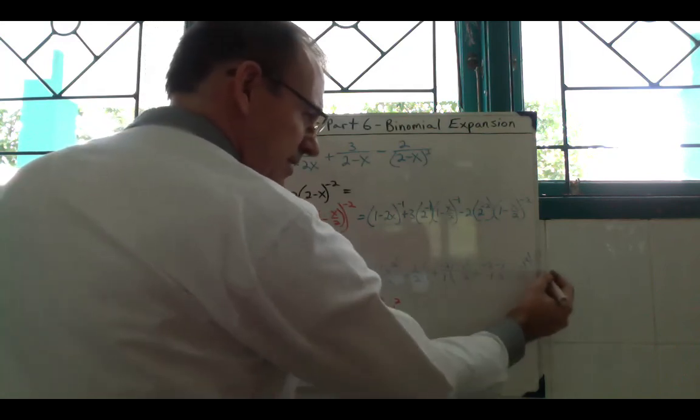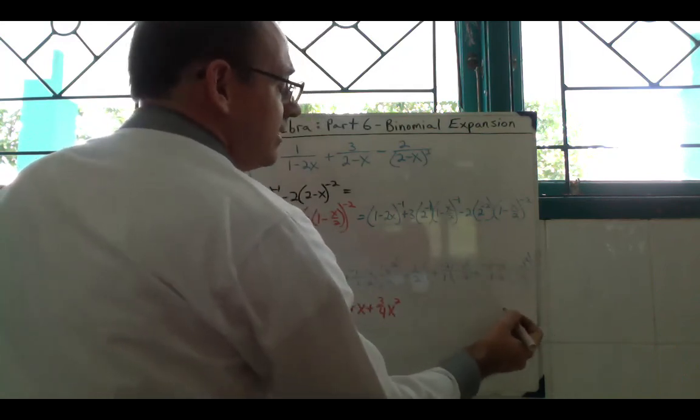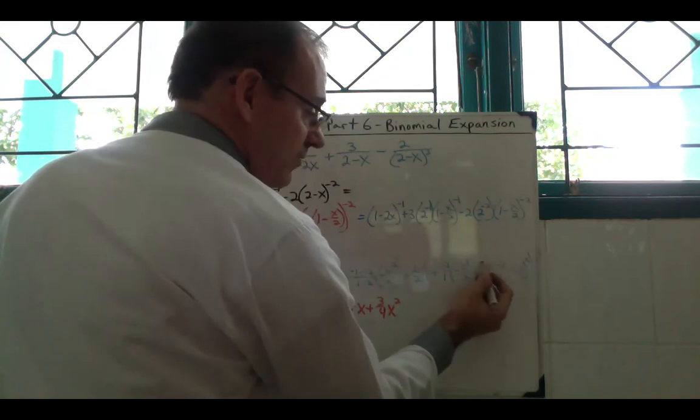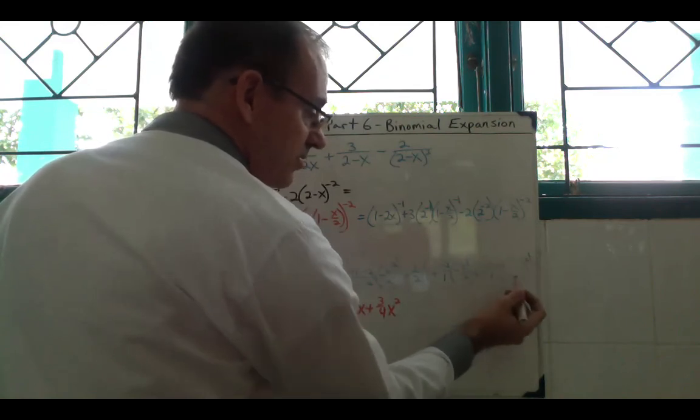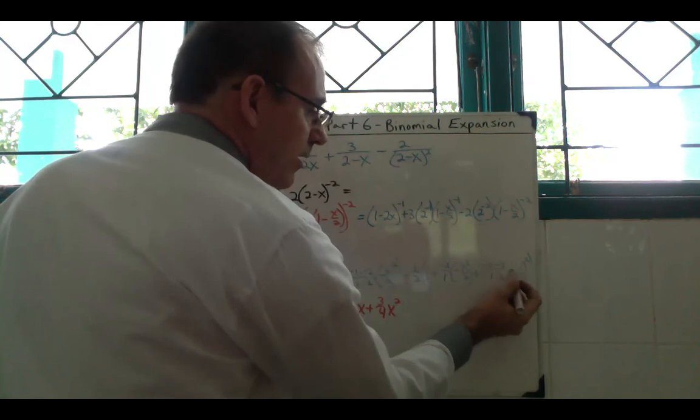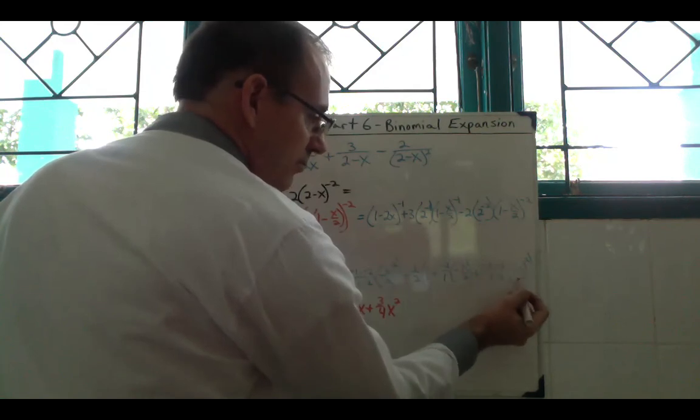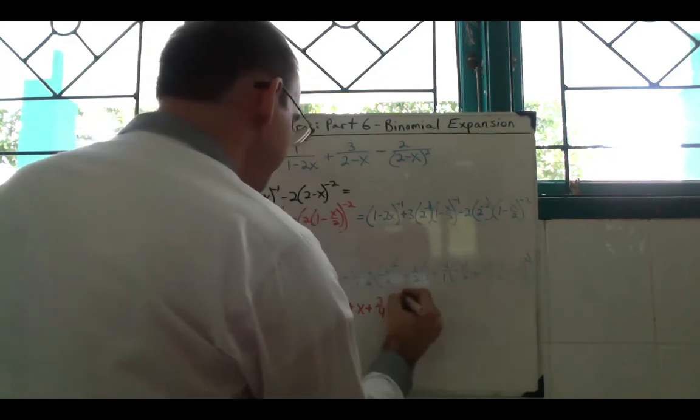So you might want to take time to work it out. I see the 2's cancel, these negatives cancel, this cancels because of the square. You get x squared and 4 times 3, so 3/4 x squared.